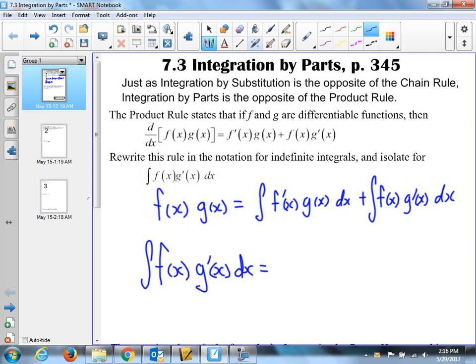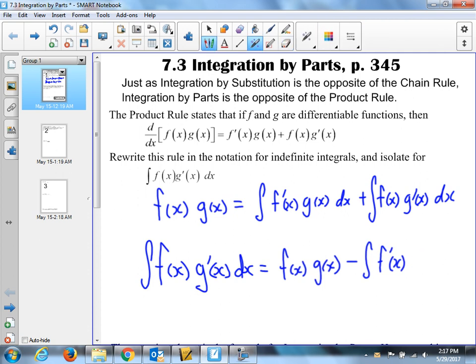So, like I said, I'm going to left-right switch this, f of x, g of x. Okay, so I've isolated.